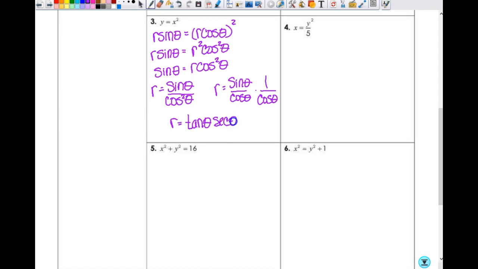Secant theta. So what is this going to graph? Going to be a line? How would you know without actually graphing it? It's a parabola. Isn't this a parabola? So this has to be a parabola, right? You haven't graphed it yet, but remember they're going to give you the same thing, so it's a parabola. Okay. All right, you work on number 4.